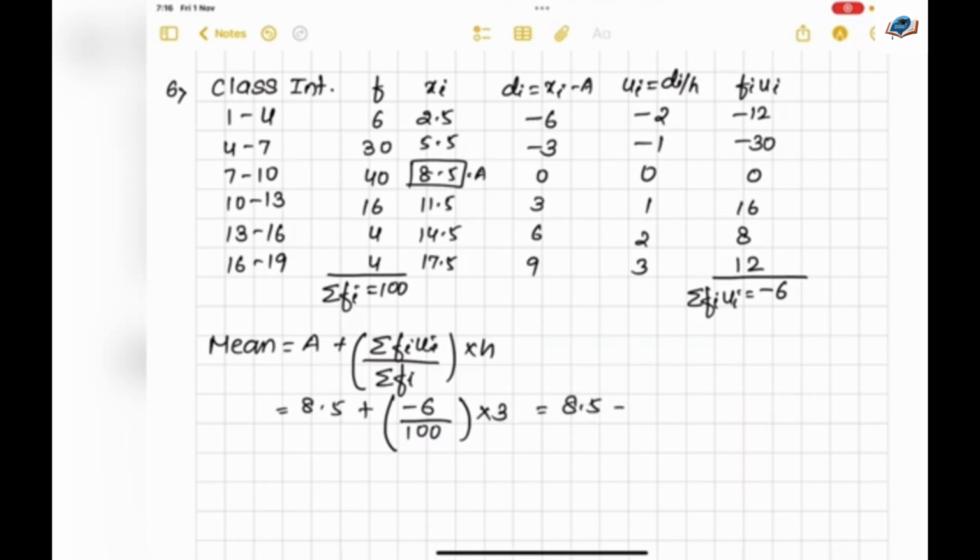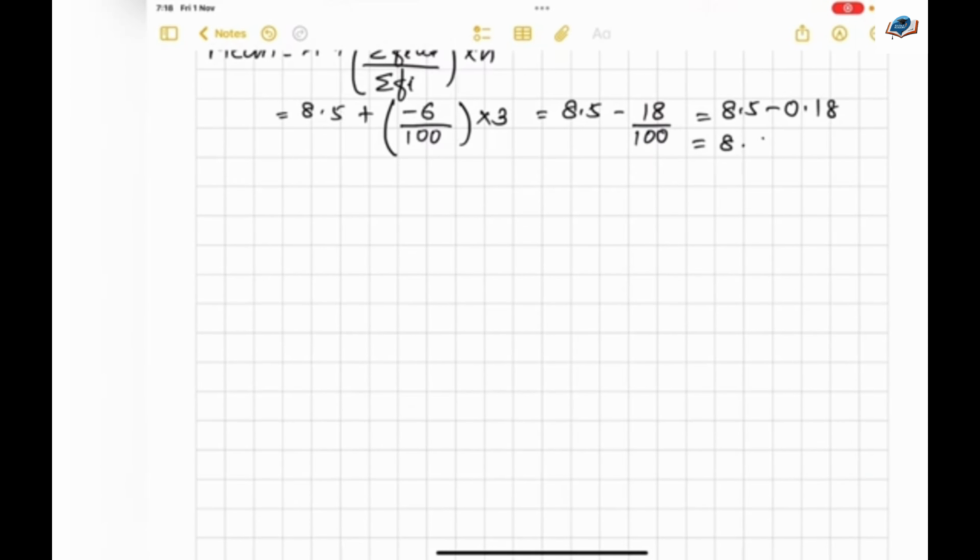So 8.5 minus 18 upon 100. So 18 upon 100 will be 0.18. So that will be 8.32.